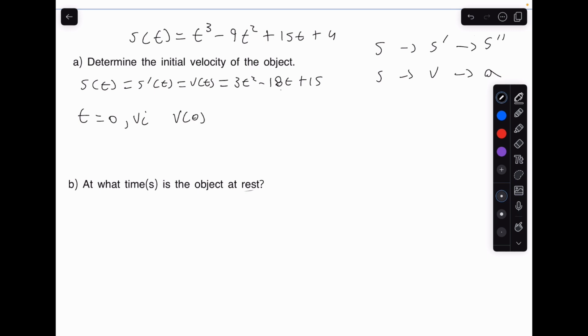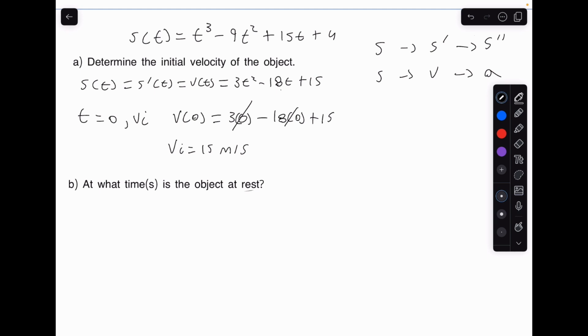So v of 0 is equal to 3 times 0 squared minus 18 times 0 plus 15, which gives us 15 meters per second. So the initial velocity of the object is just 15 meters per second.